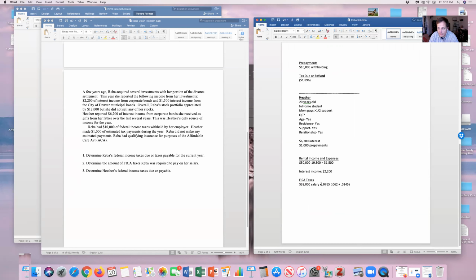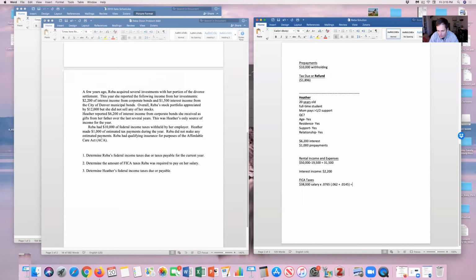This is a simple case. She's clearly below the cap for Social Security, so she has to pay the Social Security rate on all of her income. She's not self-employed, so she's just paying the normal employee rates. And we already said her AGI is below 200,000. Her wages are below 200,000, so she doesn't have to pay the additional Medicare tax.